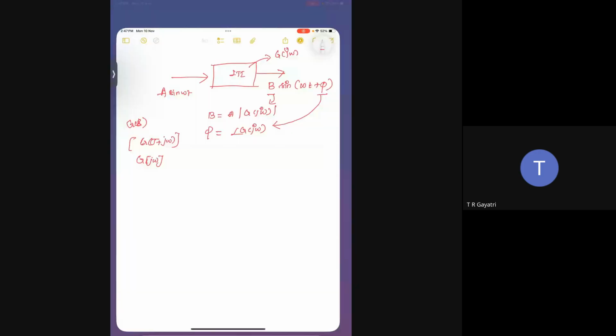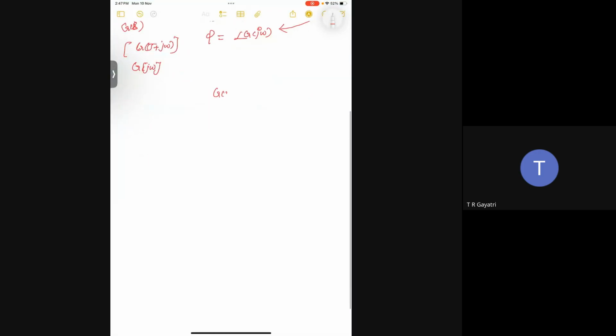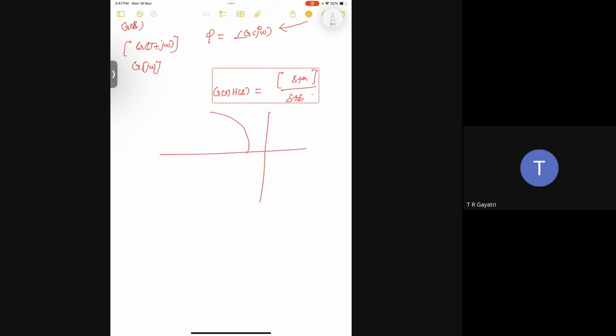What we did in a root locus is that we have an open loop or loop transfer function, something like s plus a by s plus b. From this loop transfer function, I am going to see how my root locus varies when I change the gain k from 0 to infinity.